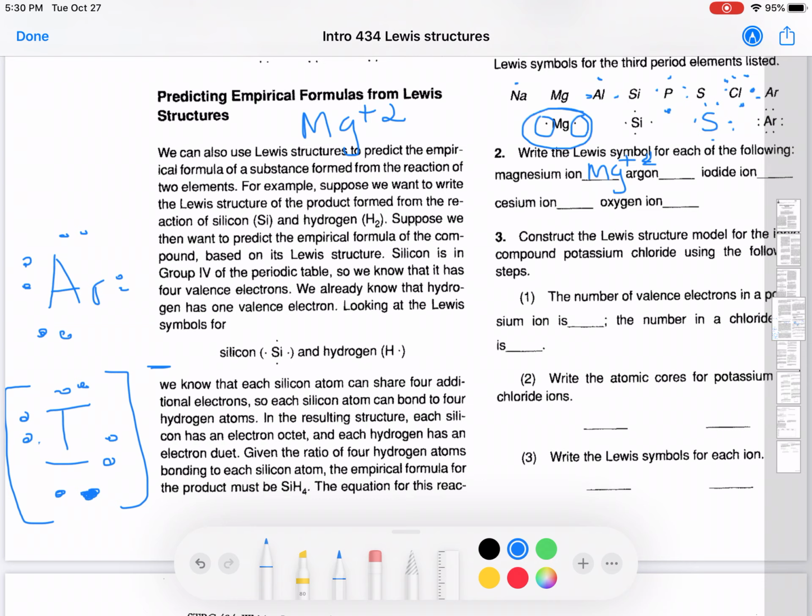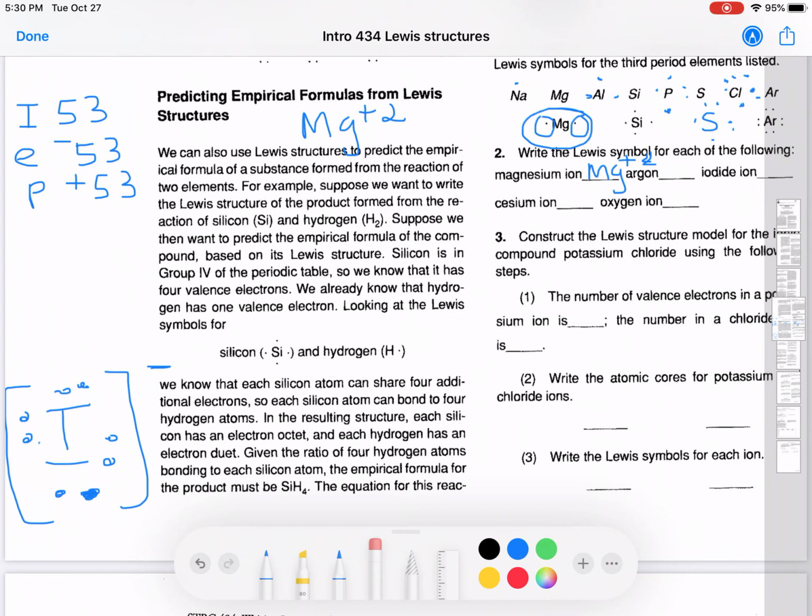Now in the same way that we found the charge for the magnesium ion, we can consider iodine. Iodine's atomic number is 53, meaning it has 53 electrons, which are negative charges, and 53 protons. Iodide means it has gained an electron.